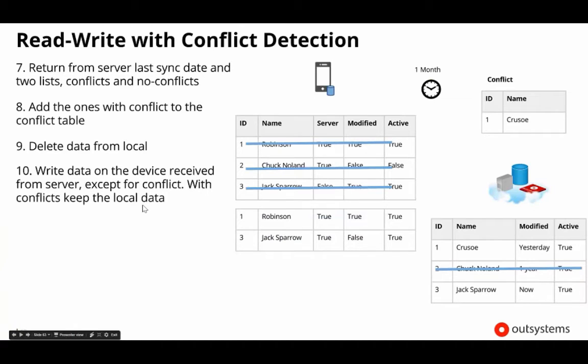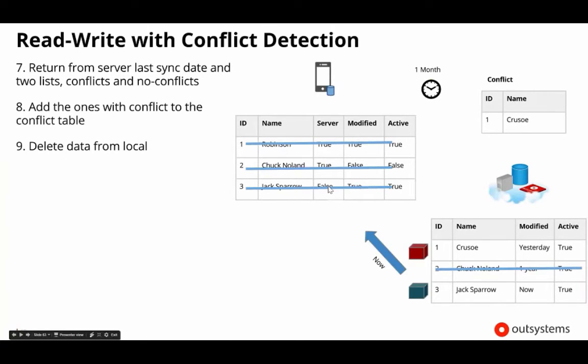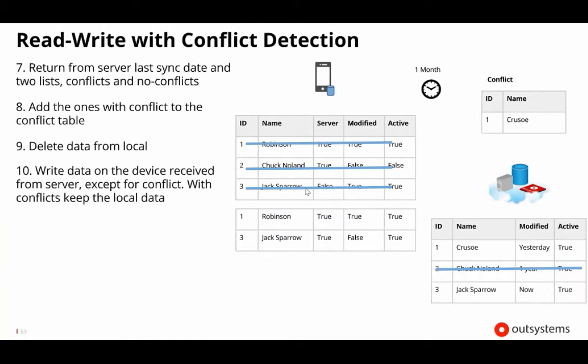So let's look at what happened here. We had Robinson on the device, and we had Chuck Nolan and Jack Sparrow. So we deleted everything, and now Jack Sparrow was received from the server and is here. Crusoe was also received from the server, but since he has a conflict, we will keep writing Robinson in our table.